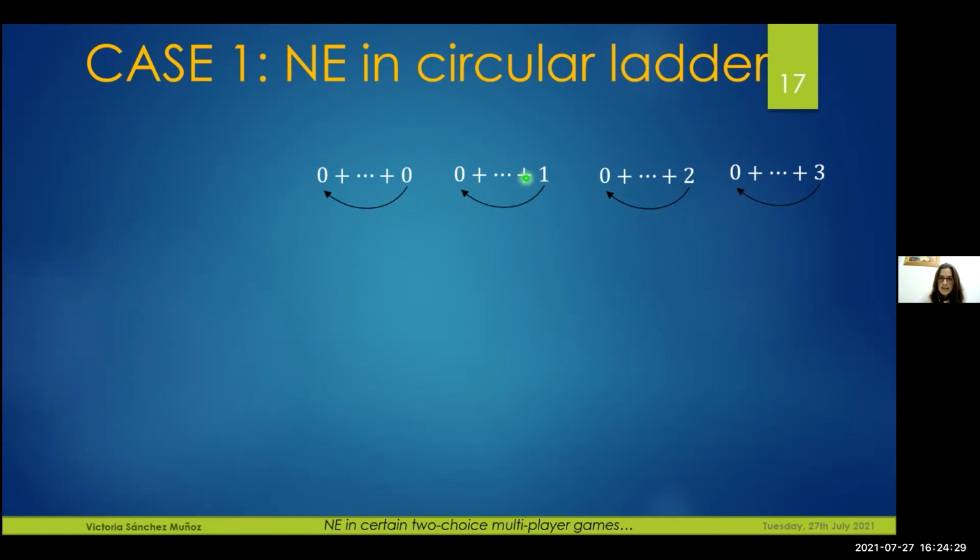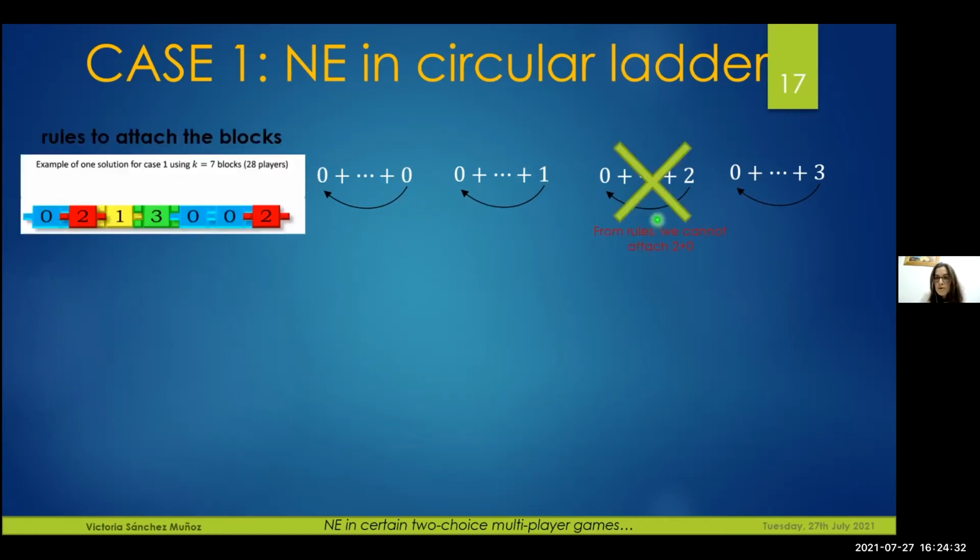But this is just an example, but from the rules we cannot attach these two to the left of 0. You can see it here. You cannot bend these solutions because you cannot attach these two to this 0.